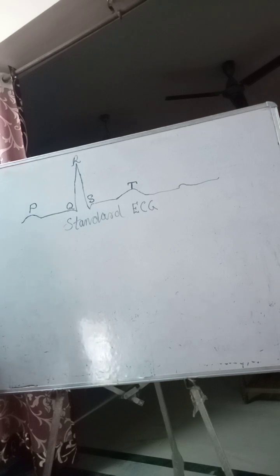Okay, so you have to understand this and remember this. Some questions can come, and this will also help you in your further studies to have an idea about the ECG.